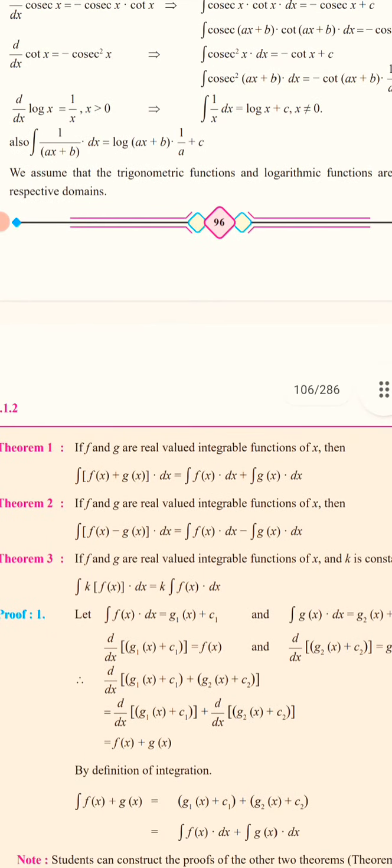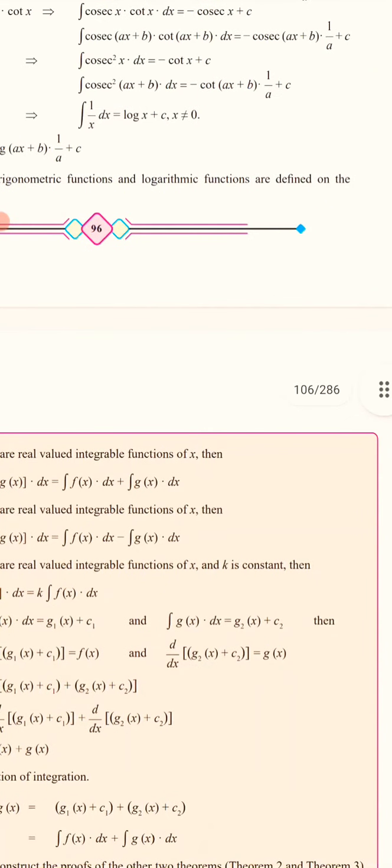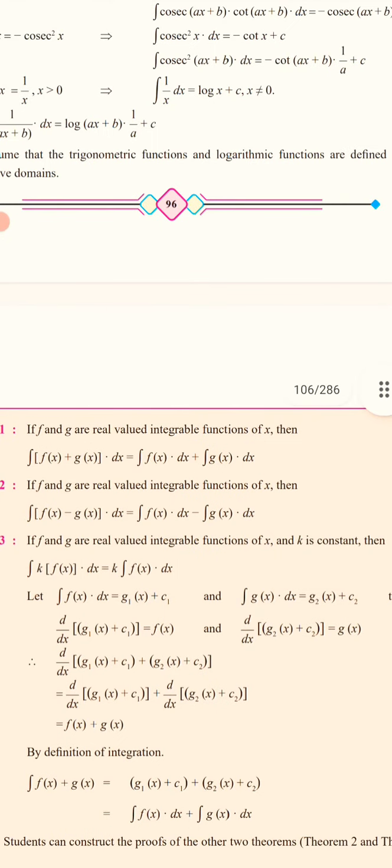Theorem third: if f is a real valued integrable function of x and k is a constant, then integration of k times f of x dx is equal to k, the constant term, which we always take outside the integration, times integration of f of x dx.